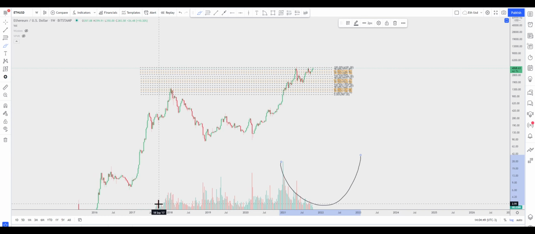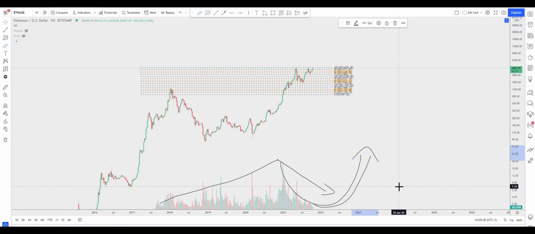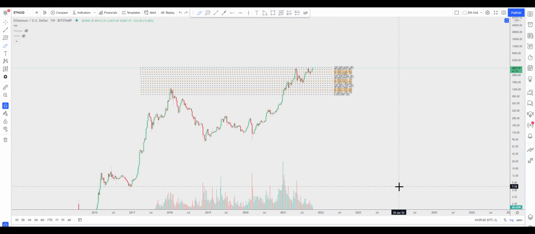So we ascend, then we descend before we can ascend again. Don't take my word for it. You guys can check this evidence in many charts out there, many assets, different markets, and you are going to see the same thing.